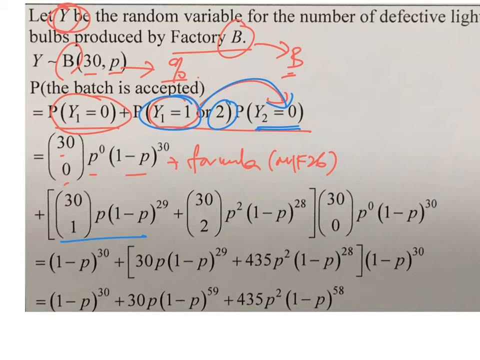And the second case, where you have 2 defective items from the first sample, will be 30 choose 2. And don't forget that you need to multiply by the case where the second sample gives you 0 defects, and that's given by this probability. So adding up all of this should lead you to the final answer, which is left in terms of p.